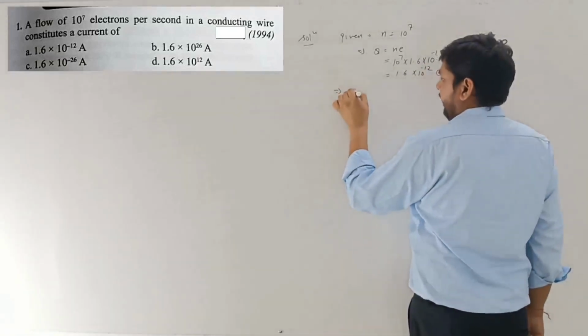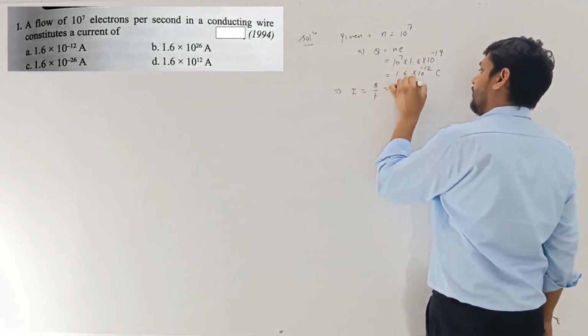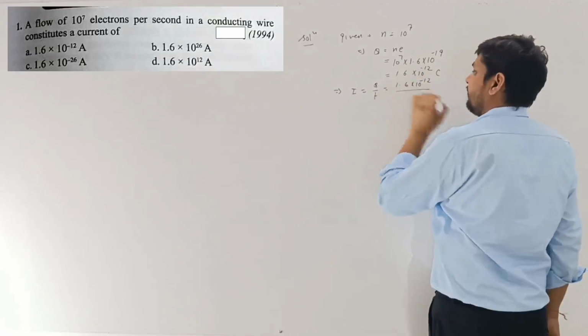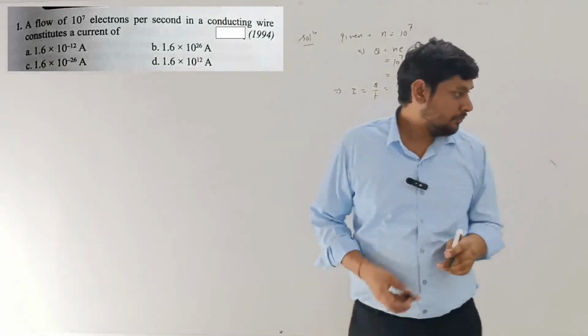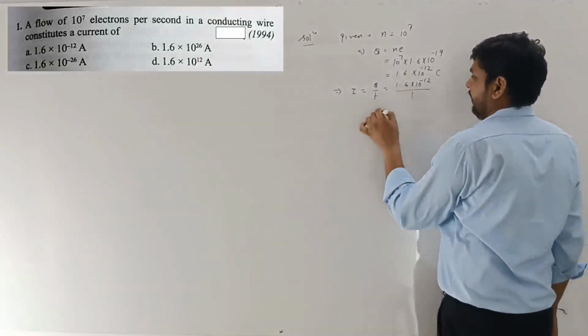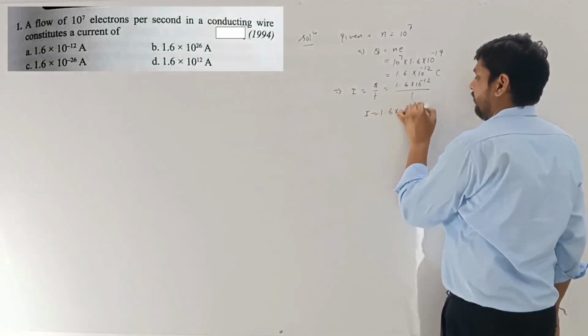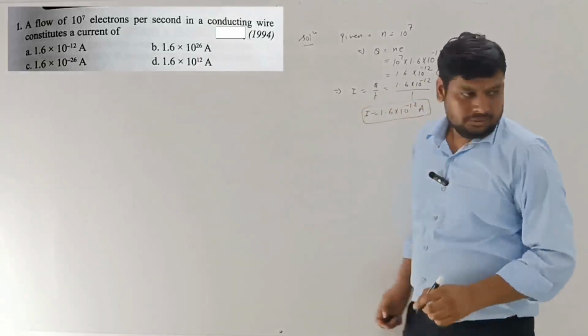And we know I is equal to Q upon T. T is given as 1 second. So the value is 1.6 into 10 raised to power minus 12 ampere. So option A is correct.